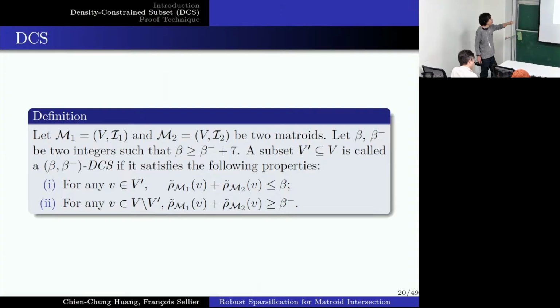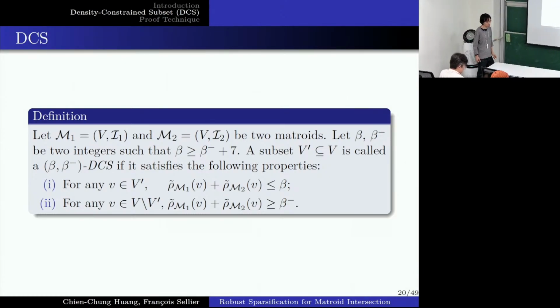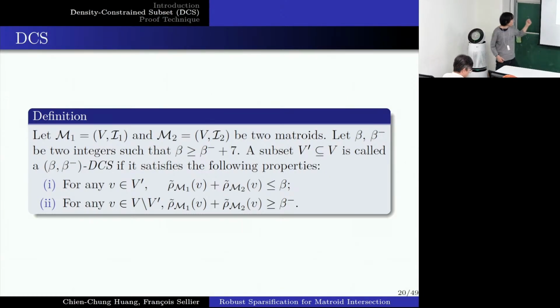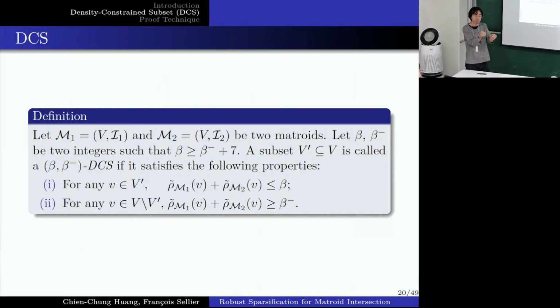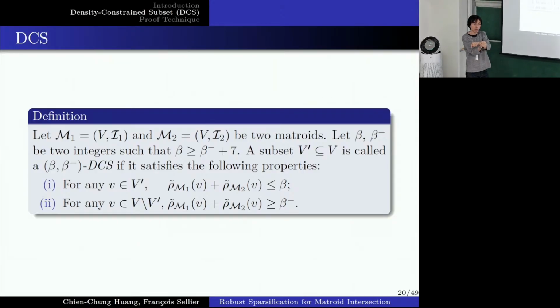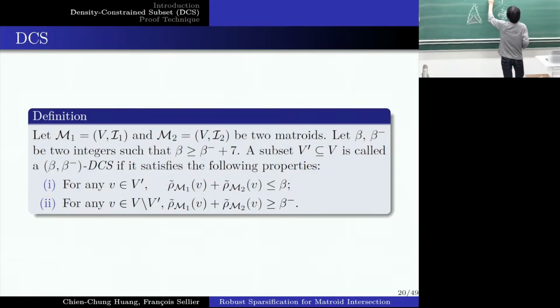DCS means degree density constraint subset, if you satisfy these two conditions. Remember, every element I can define associated density with M1 and with M2 separately. Just imagine this is M.